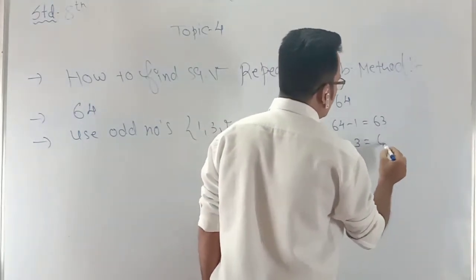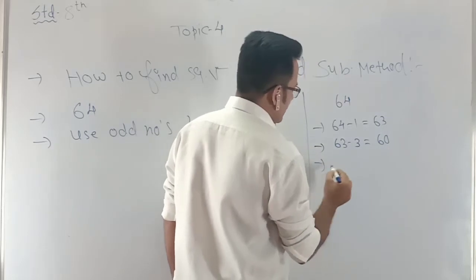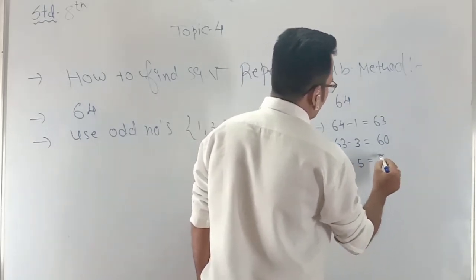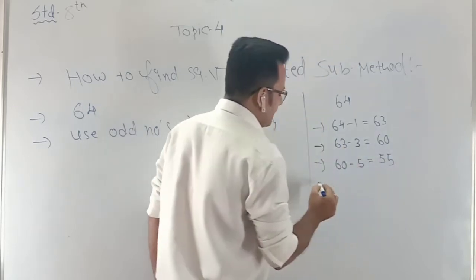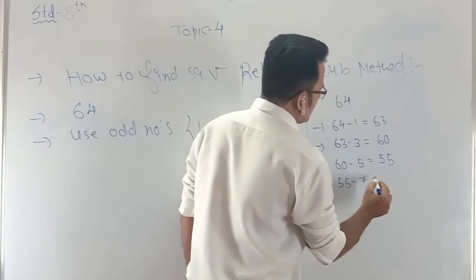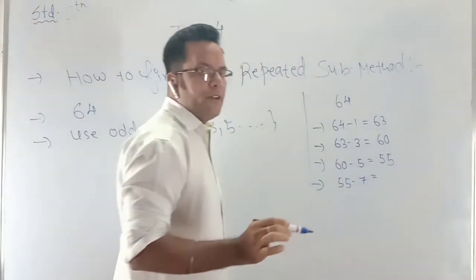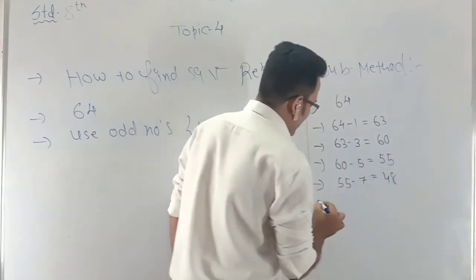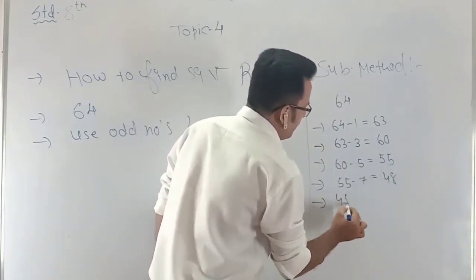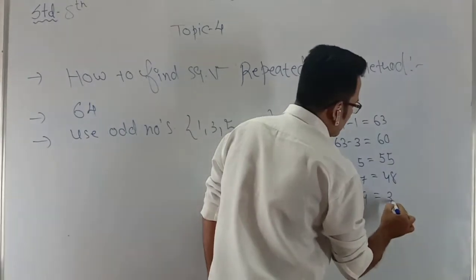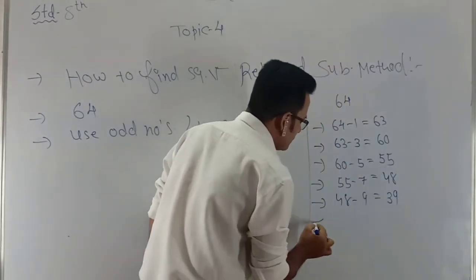So 63 minus 3 will be 60. Now 60 minus 5, it will be 55. Now 55 minus 7, it will be 48. Now 48 minus 9, it will be 39.